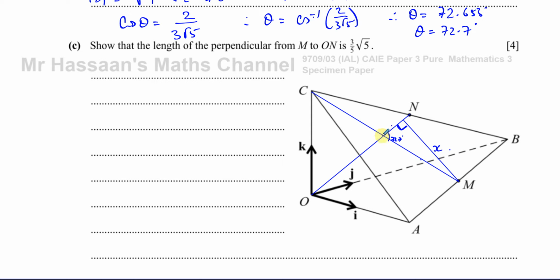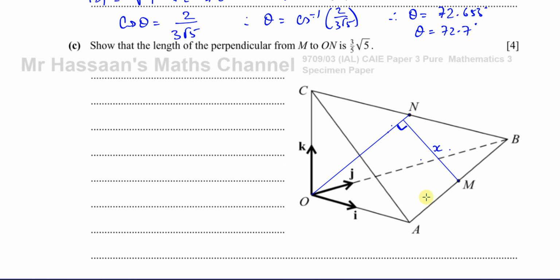If I knew the length from there to there, or from there to there, then I would be able to use that angle. But it doesn't look like we can use that angle, to be honest. Always check to see if you can find something from the previous answer. Sometimes they build up. Normally they do build up. In this case, it doesn't look like it.